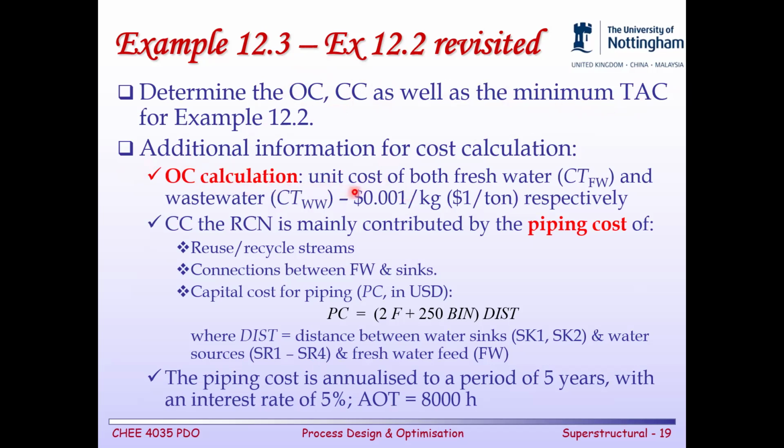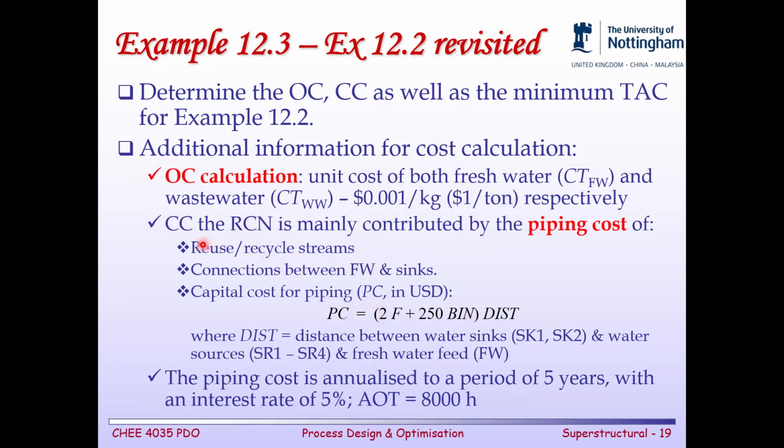So given the following data, the cost of both fresh water and wastewater is $1 per ton, and the piping cost is given by this following equation.